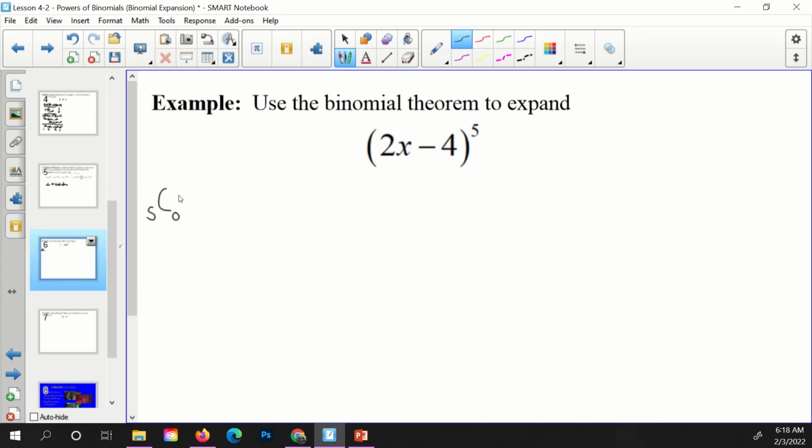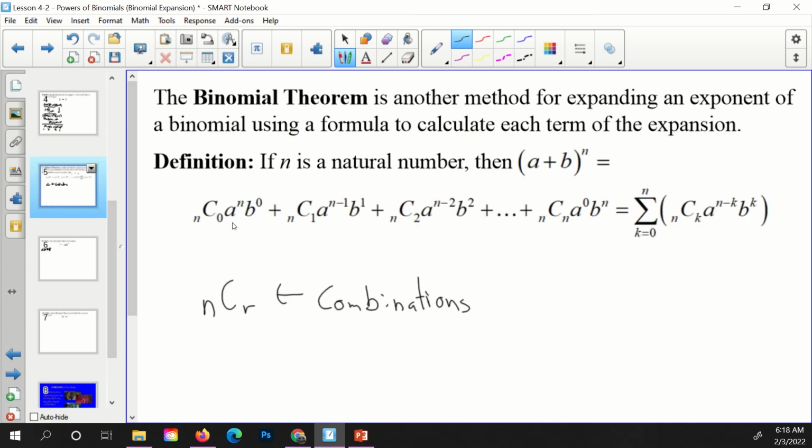So we'll have 2x to the 5th, and then we're going to take this negative 4 to the 0 power. So again, look back here. The first one is the 5th to the 0, and then we're going to change the c number by 1 added each time. We'll decrease the power of what's in the a value by 1, and we'll increase the power of the b by 1, and we'll do that till we get to 5.